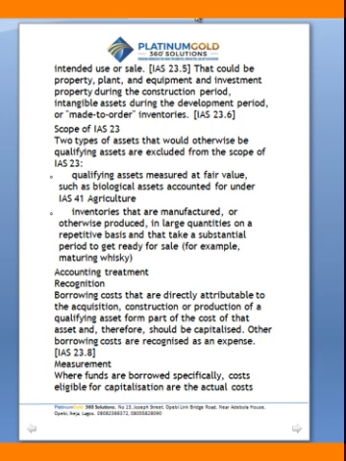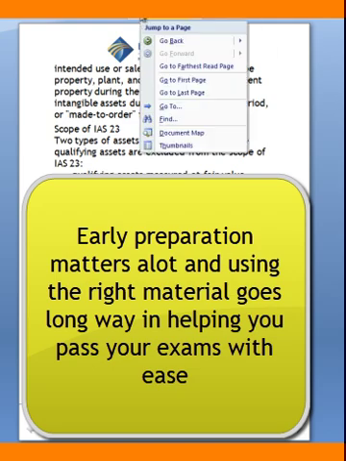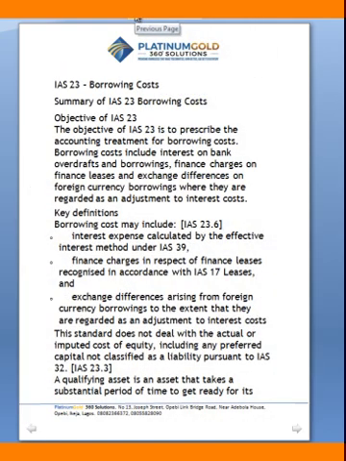That could be property, plant, and equipment, or it could be an investment property during the construction period, an intangible asset during the development period, or made-to-order inventories. Those are the types of non-current assets that are eligible for capitalization of the related borrowing costs.